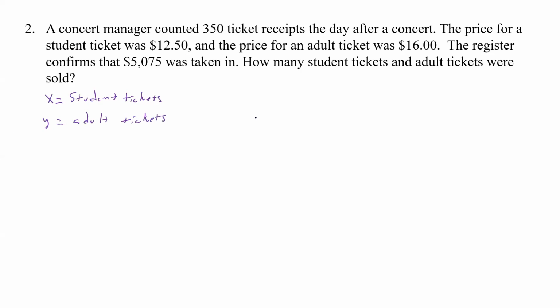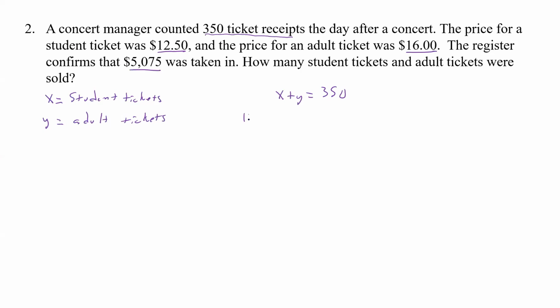Well, we know the total tickets was X plus Y is equal to 350 because they said their total tickets sold was 350. Now if we take the price times each ticket and add them together, we can get the total.